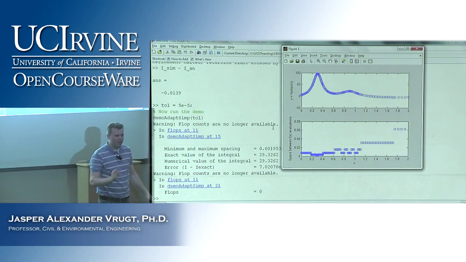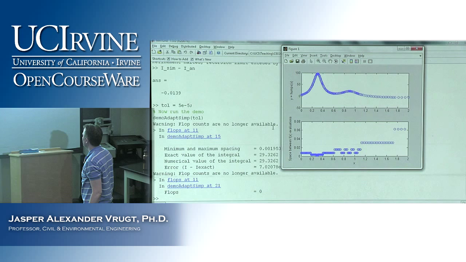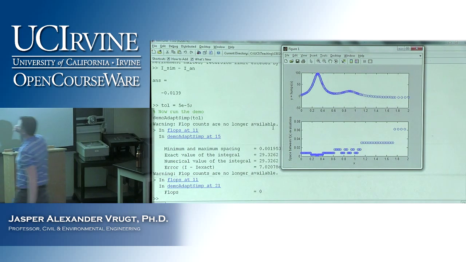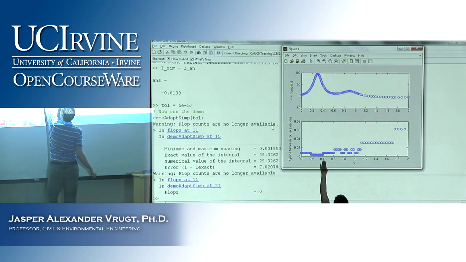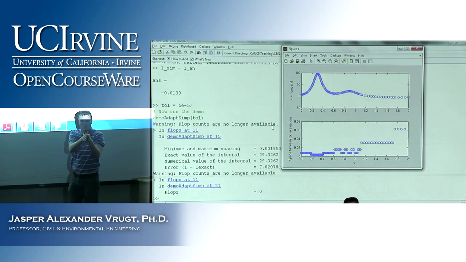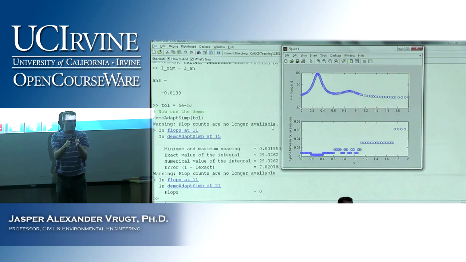So what do you see? Very clearly that when the function is highly dynamic, here the distance between two x values is really small.